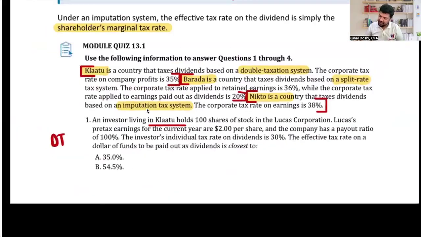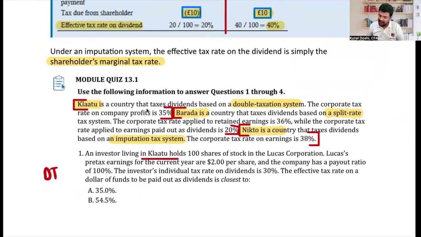Okay, so first of all, they have asked me here the effective tax rate, right? For the effective tax rate percentage, I need the corporate tax rate. What is the corporate tax rate? The corporate tax rate they have given is 35%. So I'll directly jump to 35% plus 1 minus 35, that is 65%, and on that I am going to pay the tax.